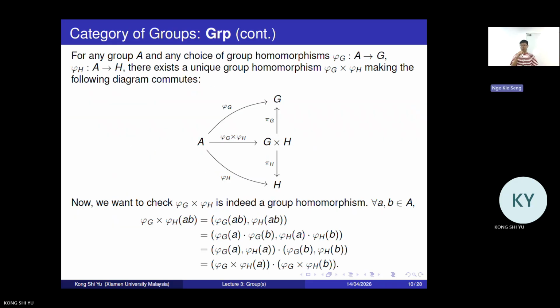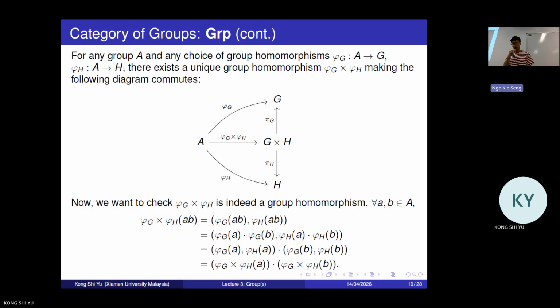Now we can look at this diagram. We want to check that VG cross VH is a group homomorphism. This is the universal property of product groups.